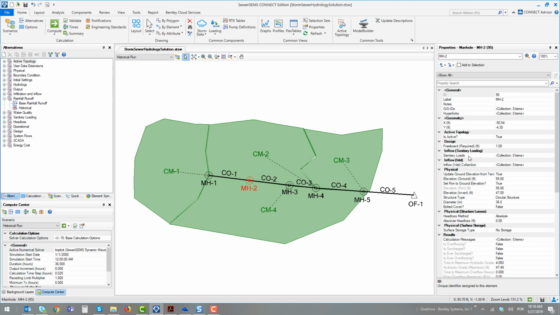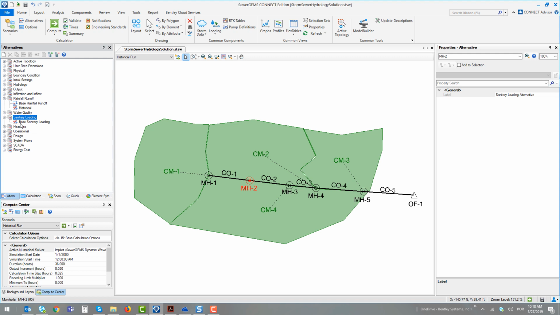And to do this, we have an attribute exclusively for this. It's the inflow sanitary loading. This attribute is connected to the alternative called sanitary loading. So we have a place to add this kind of data.